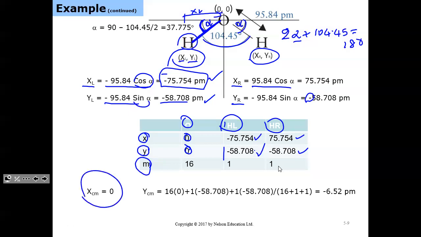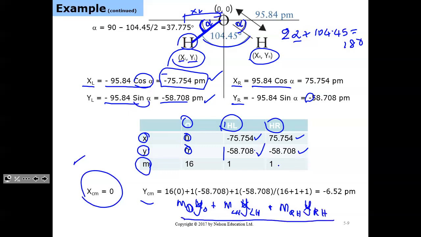So we know X center of mass, Y center of mass. We use the equation. What is the equation? M of oxygen multiplied by the Y position of oxygen, plus M of left hydrogen multiplied by the Y position of left hydrogen, plus M of right hydrogen multiplied by the Y position of right hydrogen, divided by the total mass.